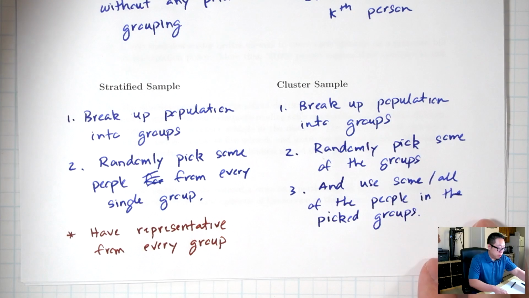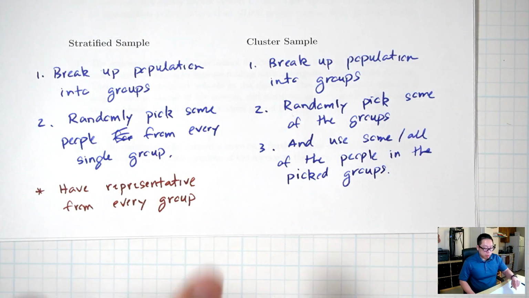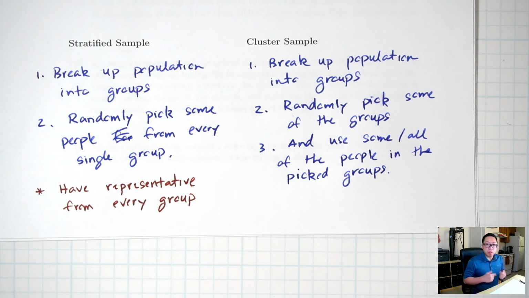The key difference between cluster and stratified is that you break up the population into groups, you're picking some of the groups, not all of the groups, and then you're only using the people in those groups that you picked. And so because of that, you don't have representatives from every single group.